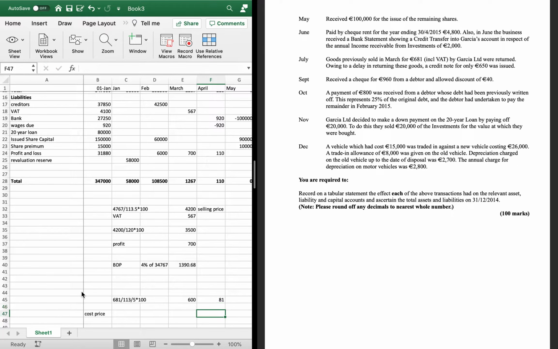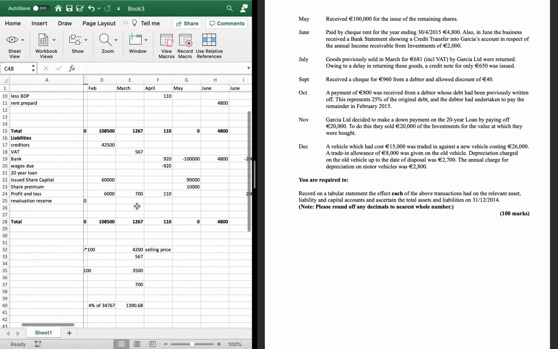So they're the two numbers that are important. The cost price then is 600 divided by 120 multiplied by 100, which is 500. So just with those numbers, bear in mind what's happened.